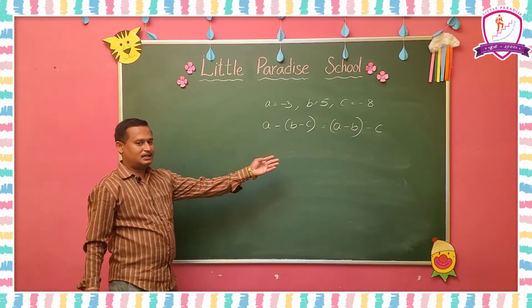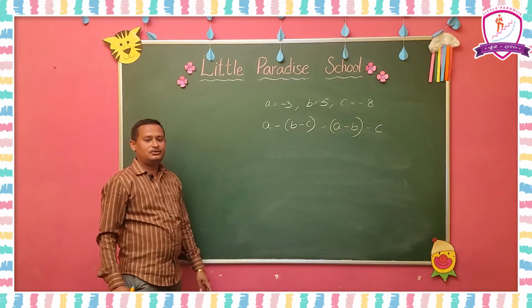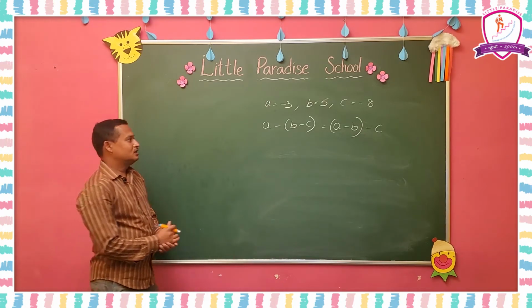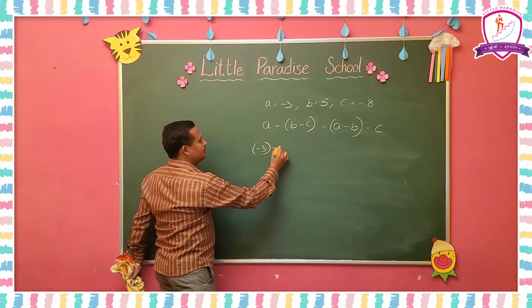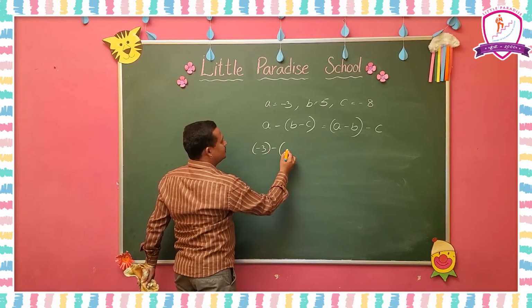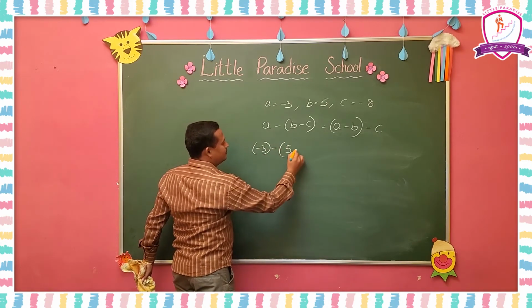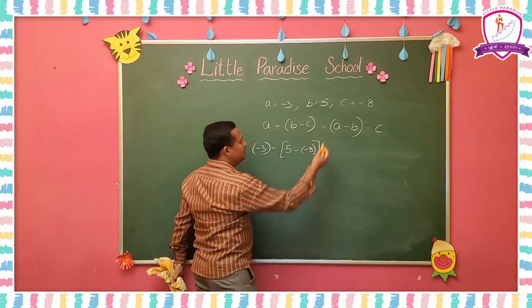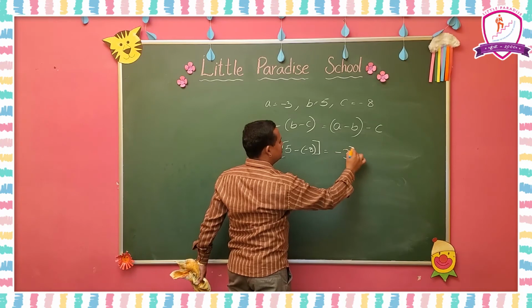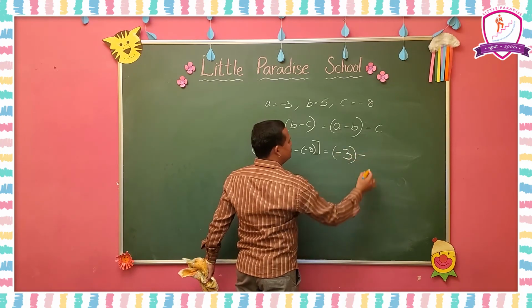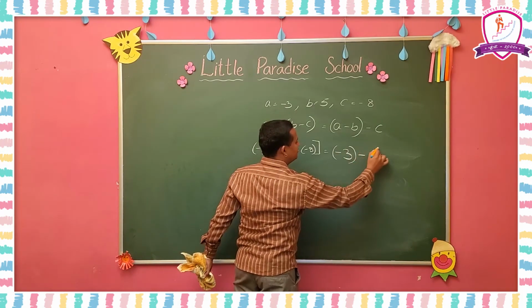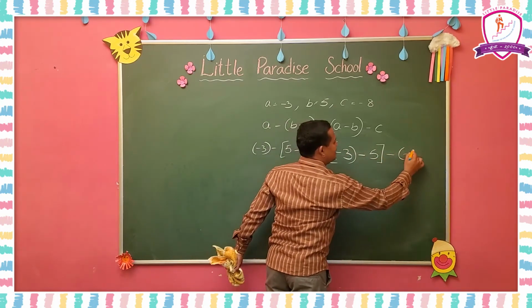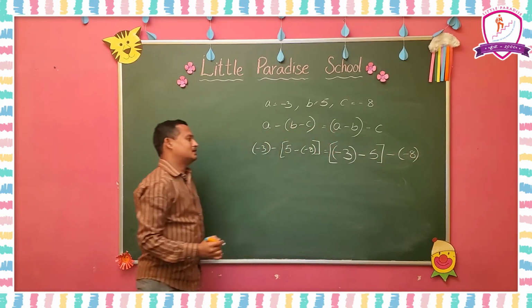It must be satisfied, then we can say associative property of subtraction is satisfied in integers. So, minus 3 minus of b, 5 minus of c, minus 8, is equal to a, minus 3, minus of b means 5, minus c means minus 8. So, minus of minus 8.